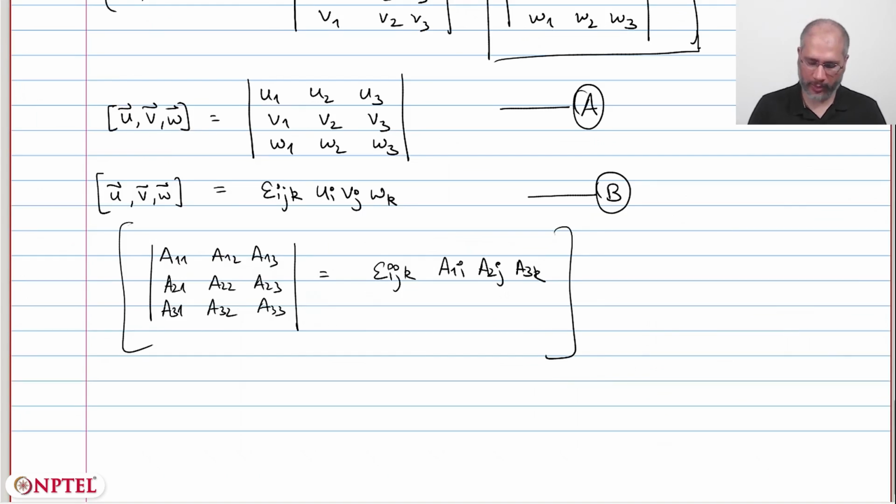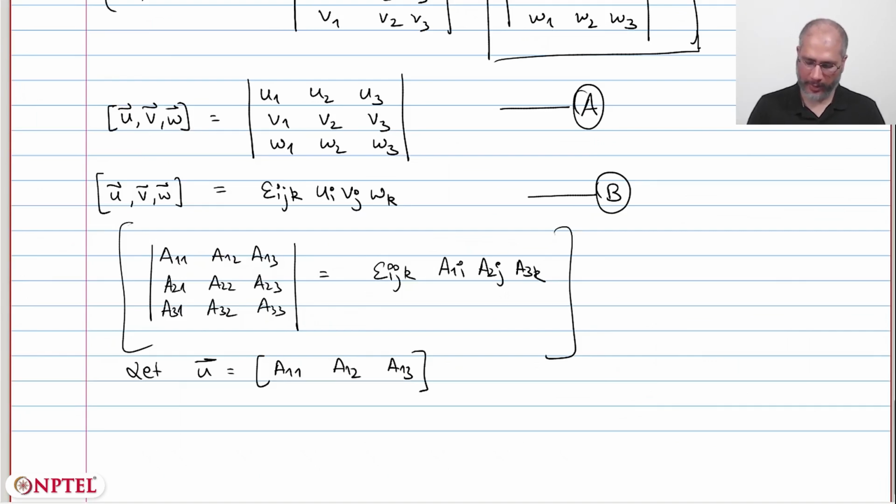So I can basically assume that the vector u comprises the first row of A. So the first row of A has three numbers, which are three components forming the vector u.